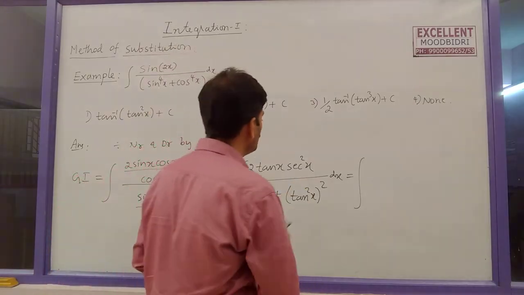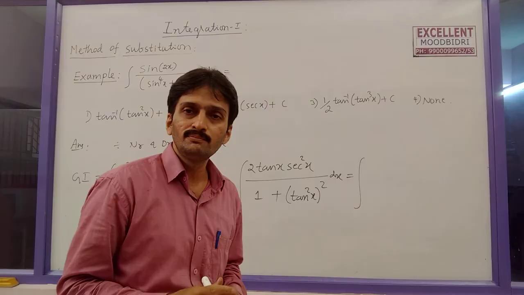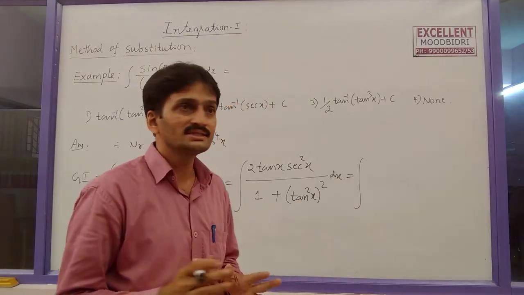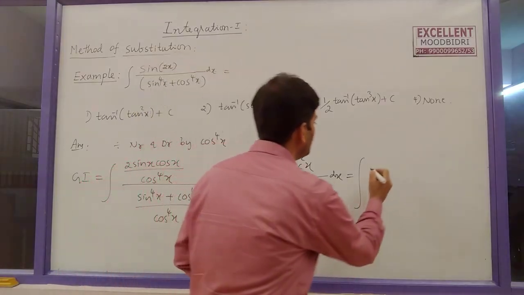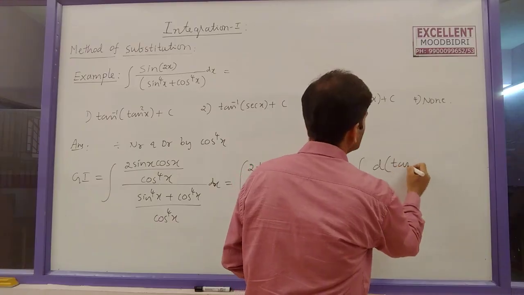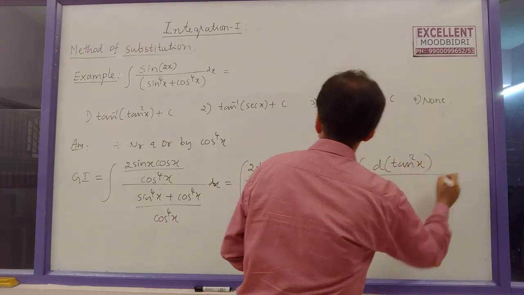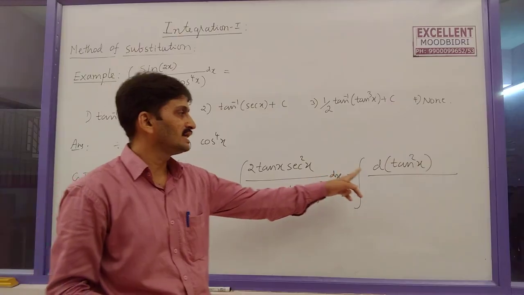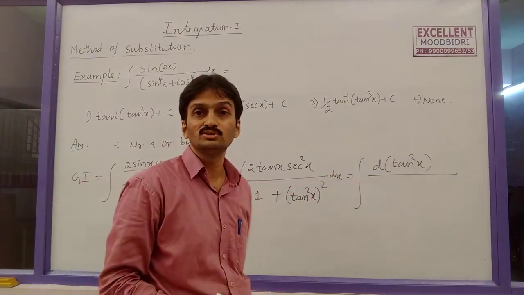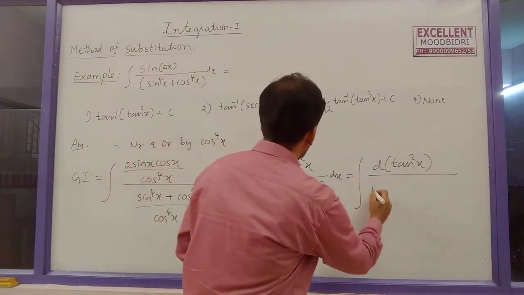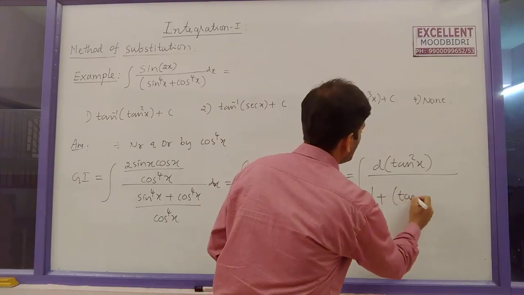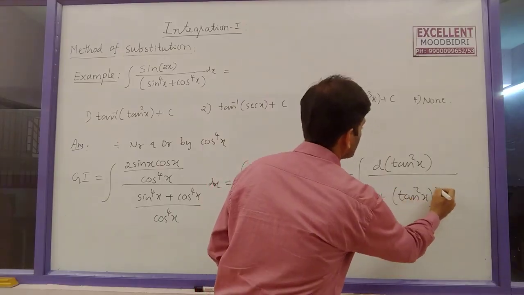So use the language of differential. Avoid putting t equal to tan square x, etc. Use that shortcut. What is that? D of tan square x. So 2 tan x secant square x can be directly written as d of tan square x divided by 1 plus tan square x whole square.